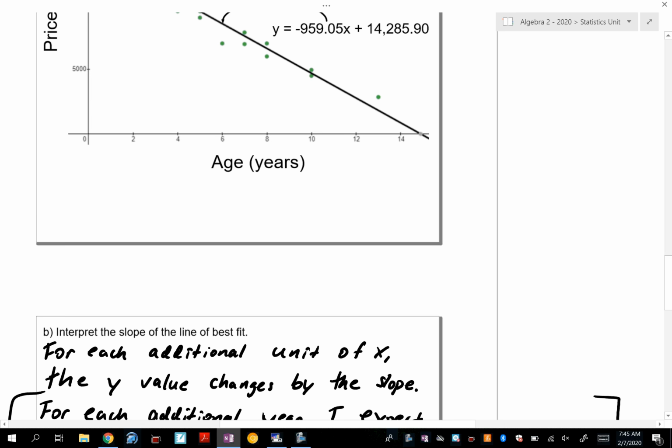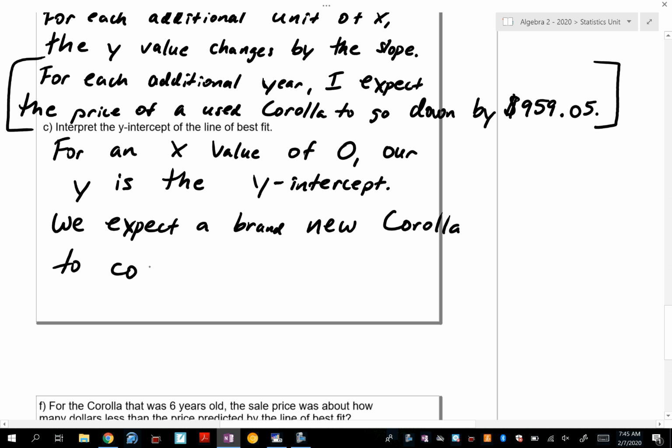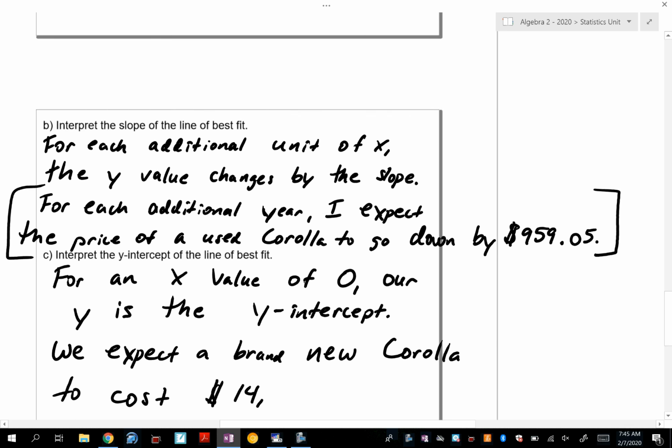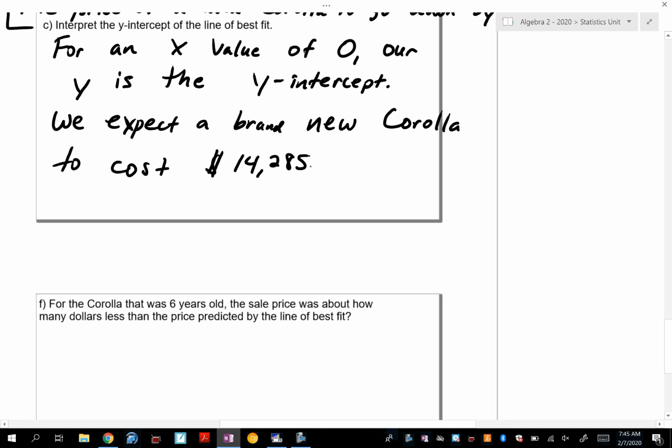So that's what we're going to write. We expect, all of us collectively, we expect a brand new Corolla to cost $14,285.90.